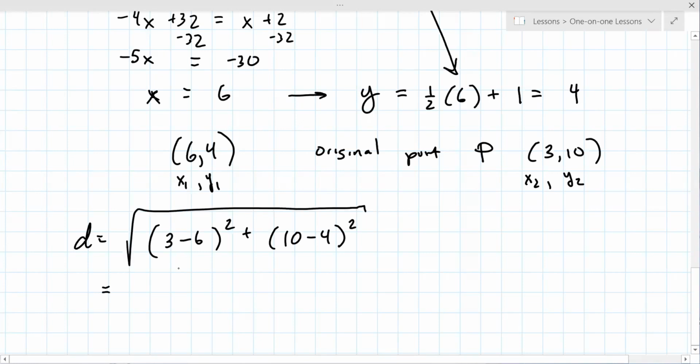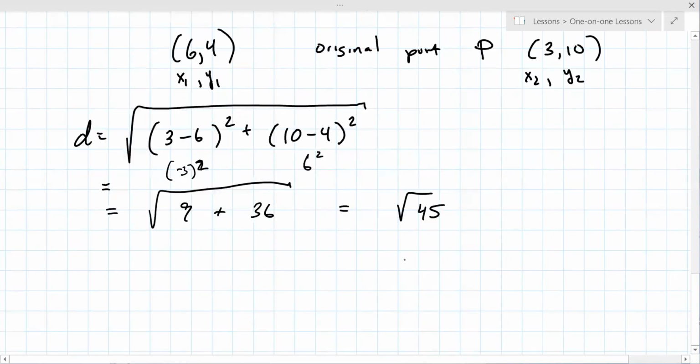In here it's negative 3 squared, so that's 9, plus 6 squared, which is 36, square rooted. So this becomes the square root of 45. 45 reduces: it's 3 and 15, 3 and 5, so it becomes 3 square root 5.